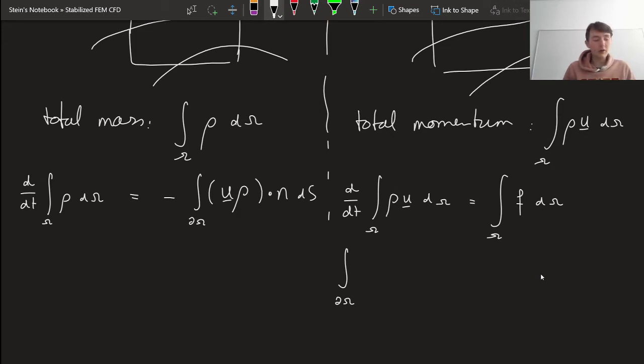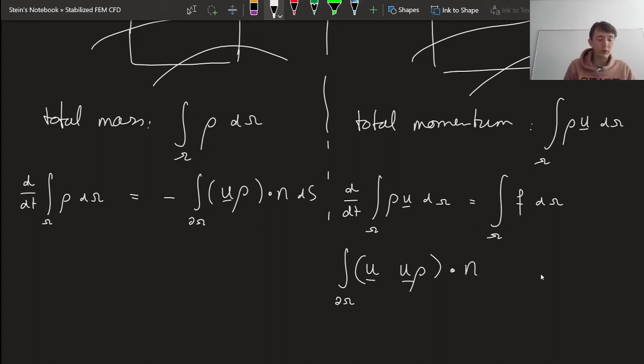So in part, we're also going to have this advection of momentum. So we have our momentum expression, which is rho times u. So no, sorry. First we have our advective field, u, and then we have rho times u, or u times rho. That has to be dotted with the normal, right? So this is our advection of our momentum equation.